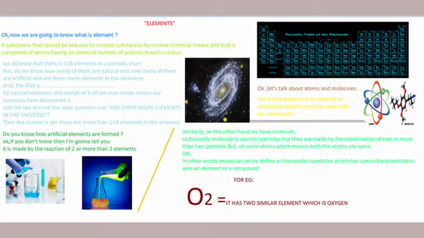And the last but not the least question: are there more elements in nature? The answer is yes, there are more elements in the universe, because we don't know what is in the universe. There are maybe more planets than the eight we have studied, so there could be more elements in the whole universe.